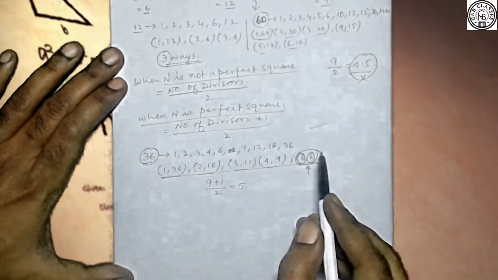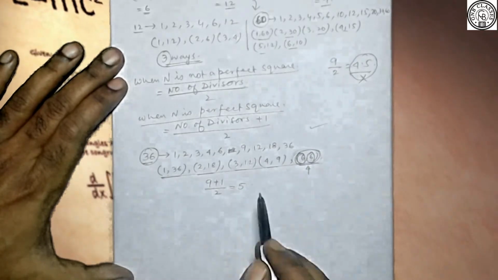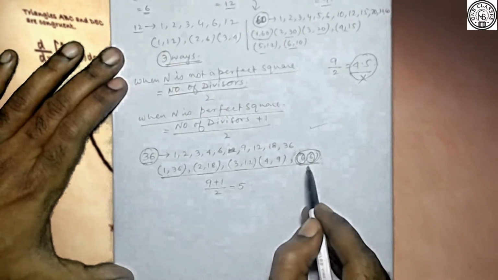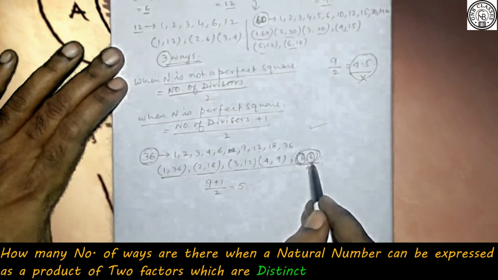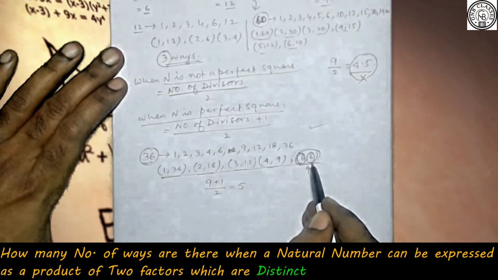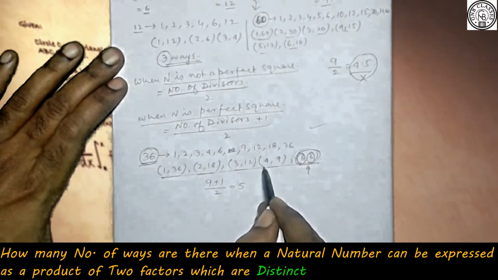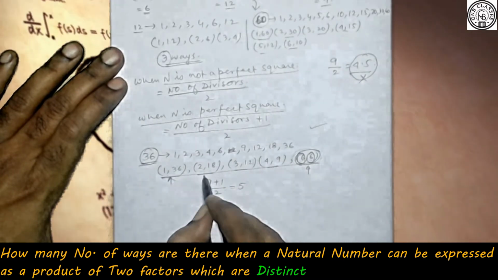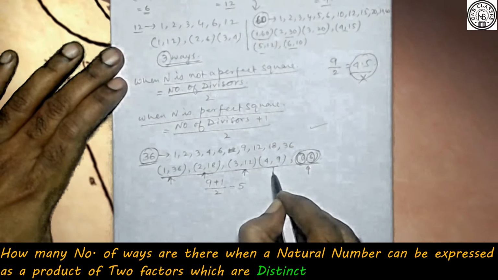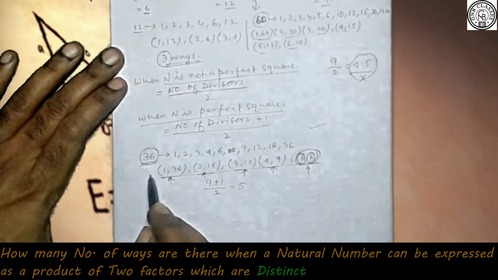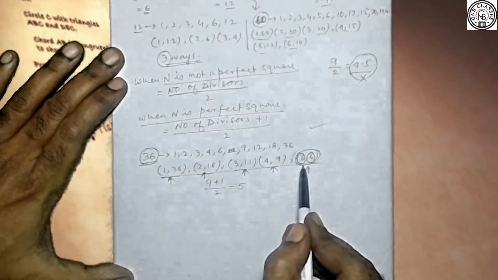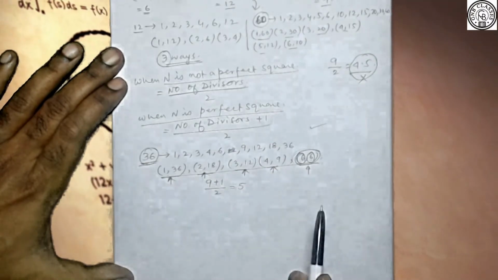Is it clear? So when the question is, how many number of ways are there in which the two numbers are distinct? In that case, if you observe 36, we are going to get only 4. These are the 4 ways, I should say, in which 36 can be expressed as a product of two numbers in which no numbers are repeated.